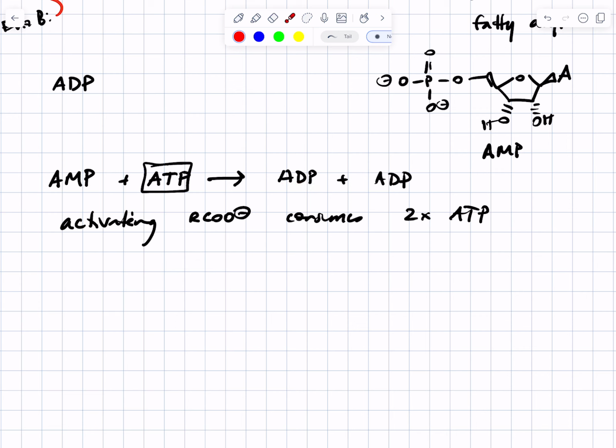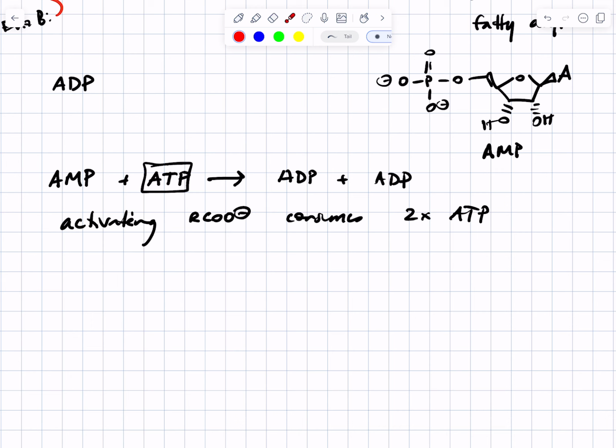Does that sort of make sense? So it's not such a big deal, but at some point you'll face some questions in the textbook about, okay, here's this fatty acid. How many molecules of ATP do I get from metabolizing that fatty acid from the very beginning all the way to the end of the citric acid cycle? You'll get the wrong answer if you don't realize that you're down two molecules of ATP at this point.